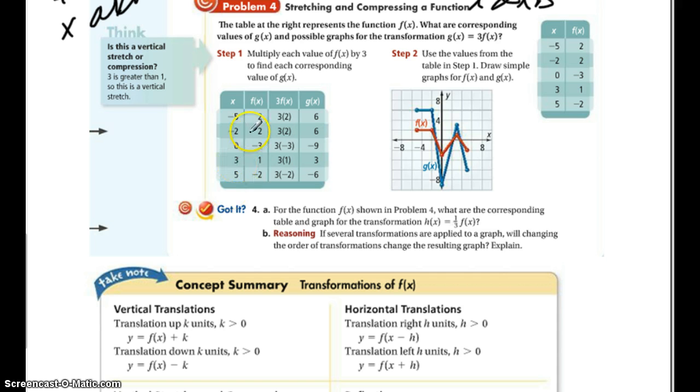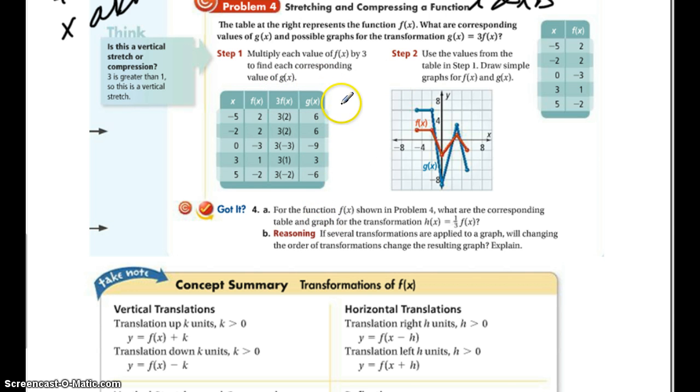Here's all your x's, all your outputs for that f of x. Multiply 3 times that f of x, because that is your stretch away from the x-axis. So you're going to multiply all your y values, f of x, times 3 and get your g of x values.